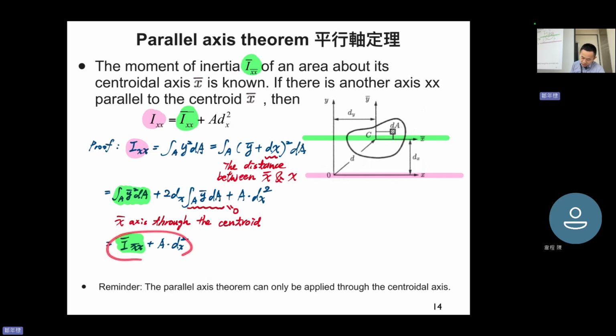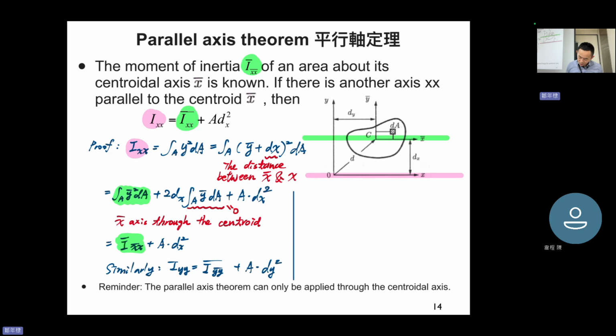So what is left is that if you want to move from green to pink, you need to add area times the difference squared. Similarly, Iyy equals I bar yy plus A times dy squared. Okay? That's it.